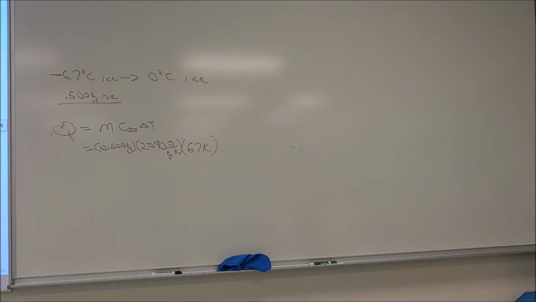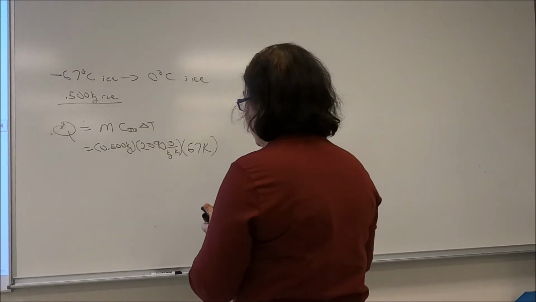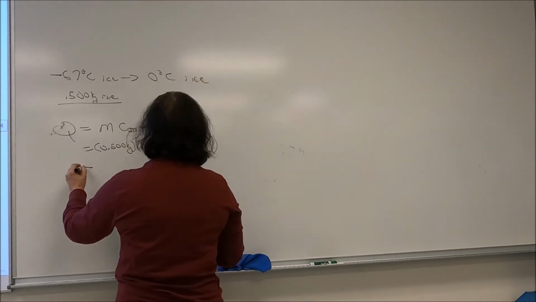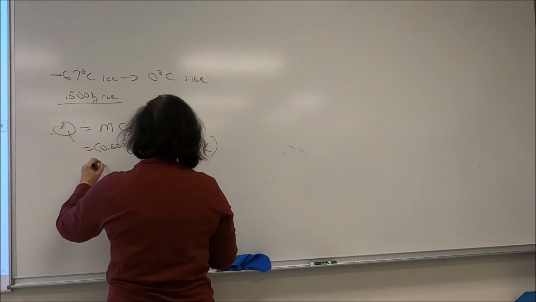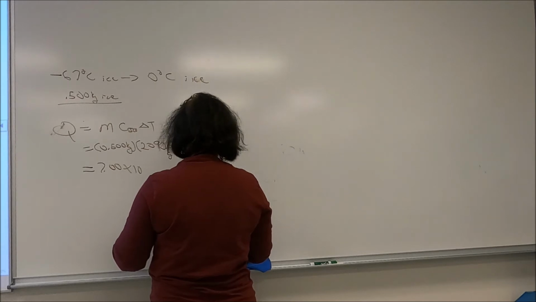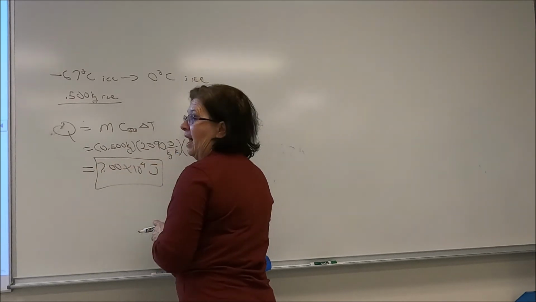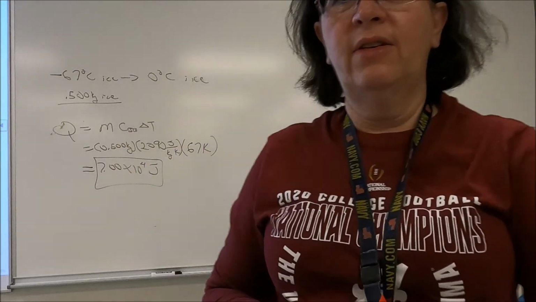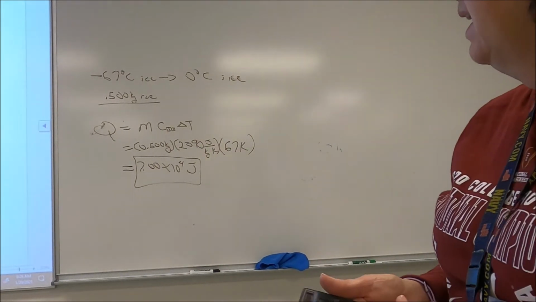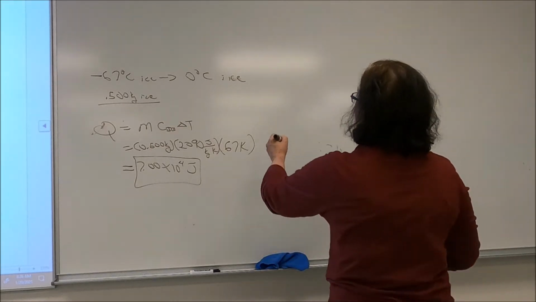So if we multiply that out, 0.5 times 2090 times 67, we get a Q equal to 7.00 times 10 to the 4 joules. That's how much energy it takes to get it up to ice at 0.